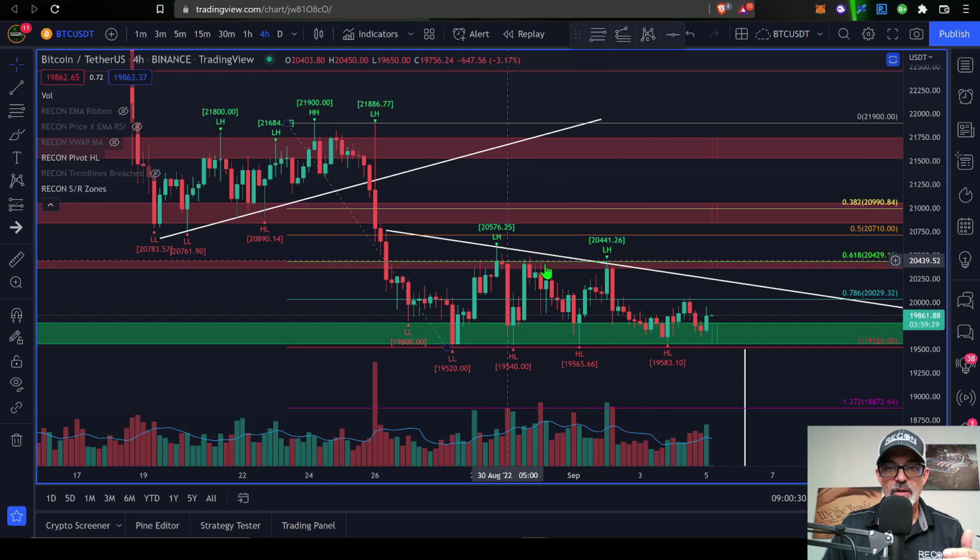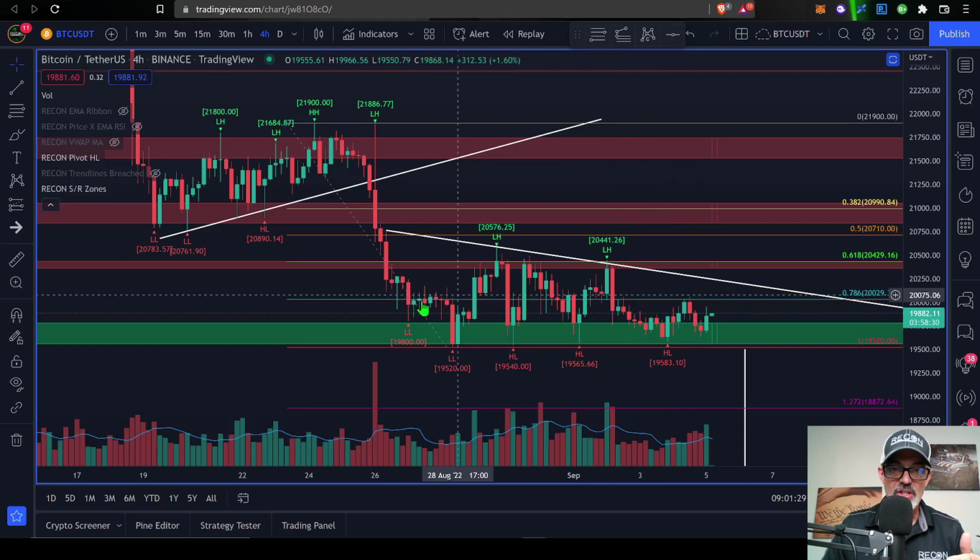Bitcoin's price has failed on multiple occasions of getting above and closing above the 20,400 to 20,500 level. And these lower highs that Bitcoin is setting obviously plays into the actual trend pattern of this descending triangle. In fact, Bitcoin actually rejected just recently at the 0.786 level, which is right around 20,000. You can see a rejection here and an additional rejection here.